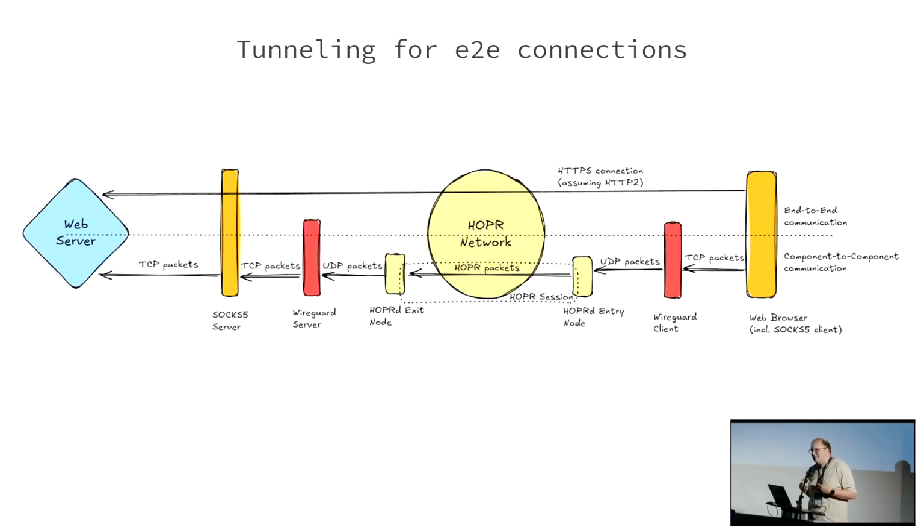So all the complexity of the HOPR protocol. So now we have TCP being encapsulated into UDP, being encapsulated into HOPR packets, which, if we go all the way back toward the beginning where we just had HTTP, is quite a huge increase in complexity.